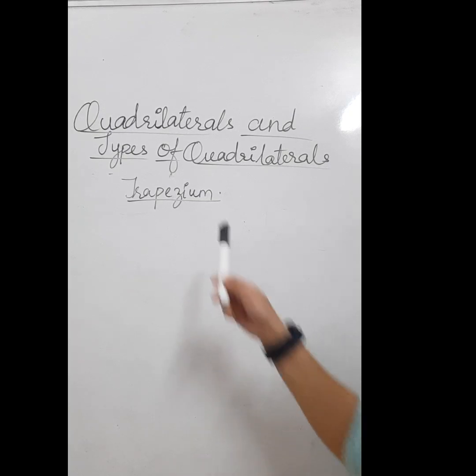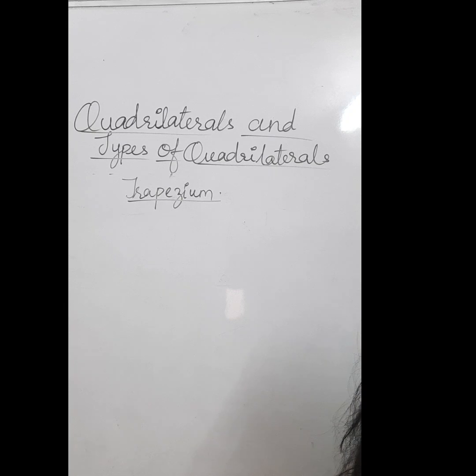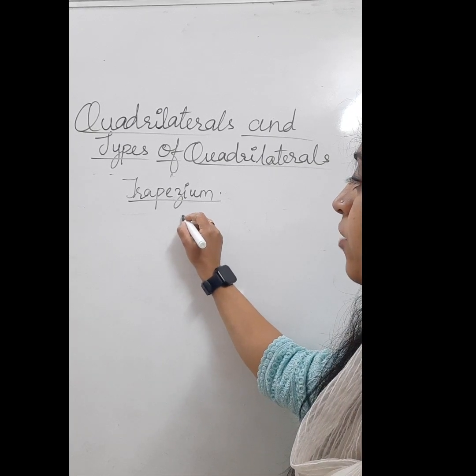Now, what is a trapezium? A trapezium is a quadrilateral. Why is it a quadrilateral?